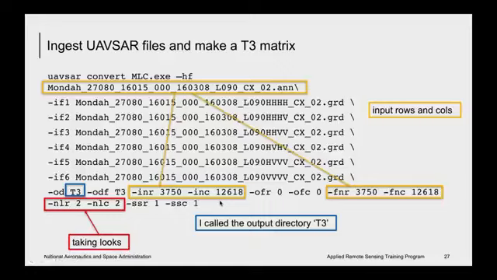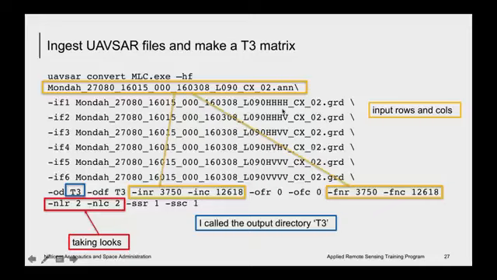As we discussed before, the first step is to ingest our image and make a coherency matrix. We don't have to do that by hand. PolSARpro will do everything for us. All you have to do is call this function, uavsar_convert_MLC.exe. What you give to PolSARpro is your annotation file, which is here, and you provide the names of all the GRD files.